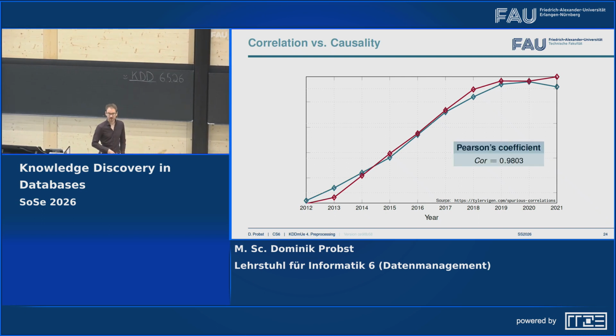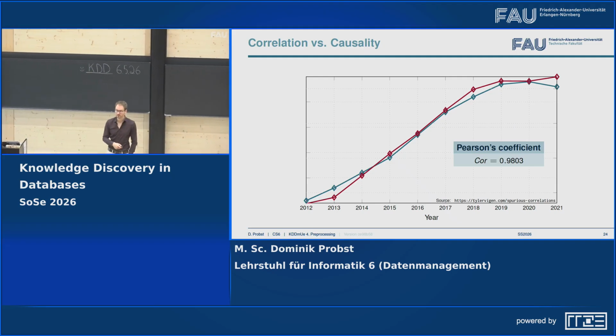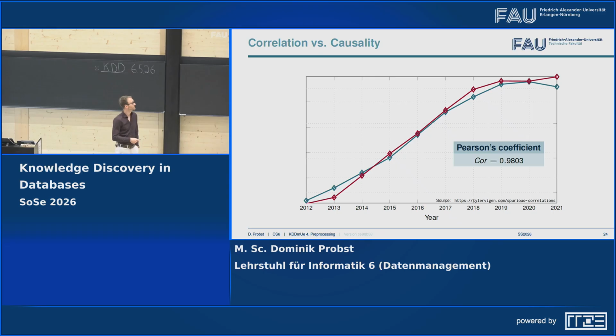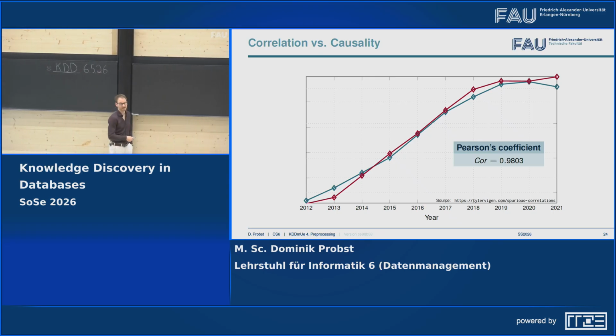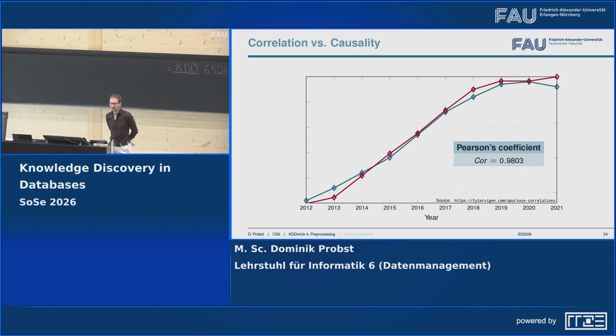And in fact, if we compute the Pearson product moment coefficient on that, we end up with 0.8903. So nearly perfect correlation between the two things. Now the question is, is there any causality between the two?